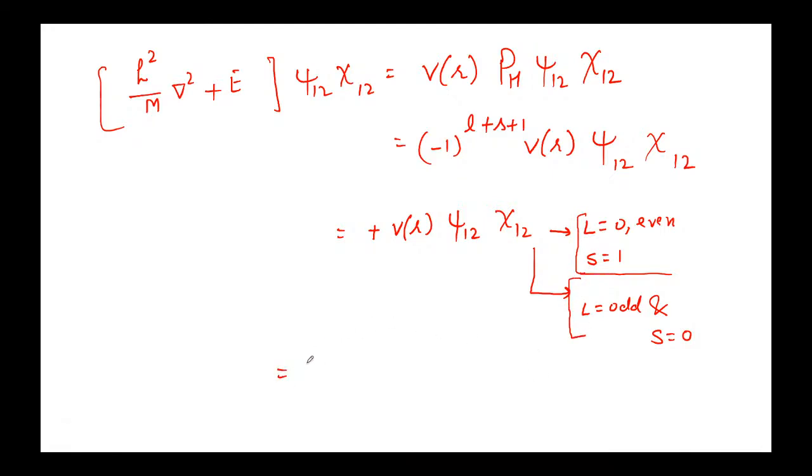Similarly, the nuclear forces are repulsive when L is 0 and S is 0, and again they are repulsive when L is odd and S is 1. So there are two cases for attractive forces and two cases for repulsive forces.